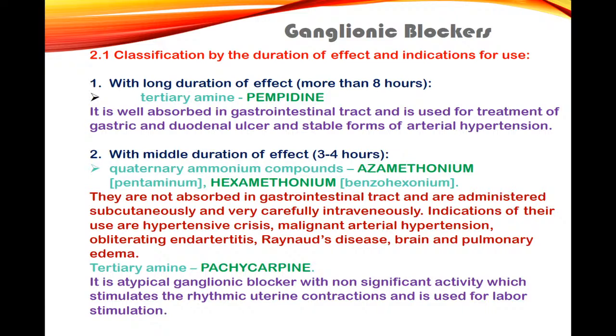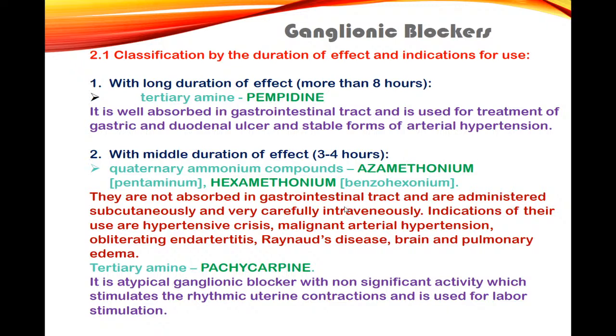Sometimes we use its ability to inhibit gastric secretion in gastric and duodenal ulcer. And the drug, blocking sympathetic ganglia, causes dilation of arteries and decrease of arterial pressure. That's why, in principle, it's possible to use it for treatment of arterial hypertension. But in recent years the drug is used rarely.